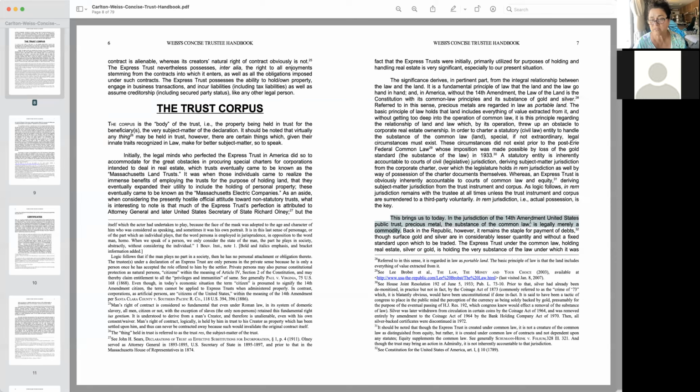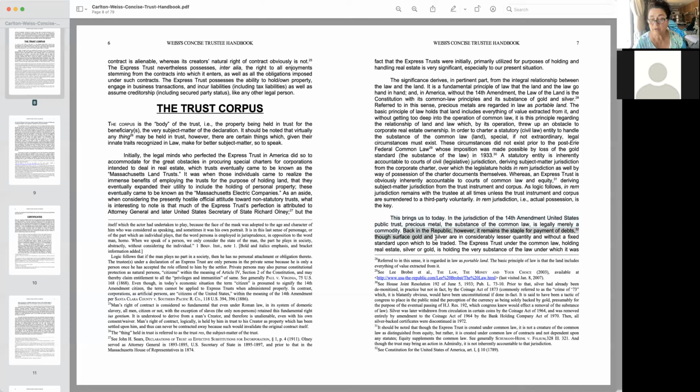They didn't have all the states to actually pass that. That's what I had heard. So in the jurisdiction of the 14th Amendment, United States Public Trust, public is not private, precious metal, the substance of the common law, which is precious metal, by the way, is legally merely a commodity. Whoa. So here we go.